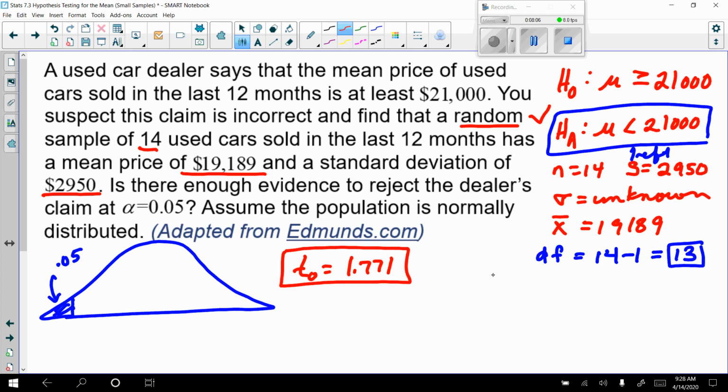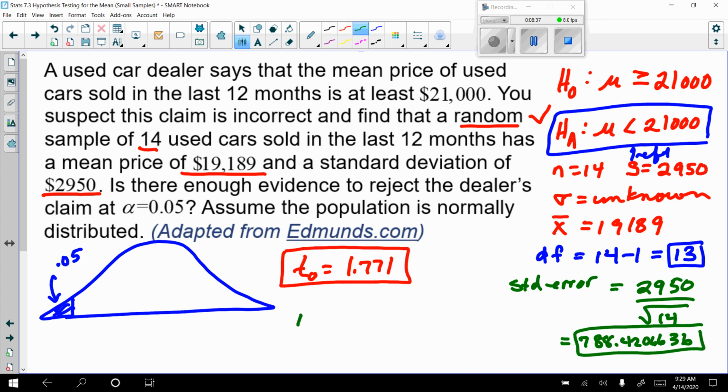We're going to find our standard error, which is going to be our sample standard deviation, 2950, divided by the square root of n, which is 14. So our standard error is going to be 788.4206636.